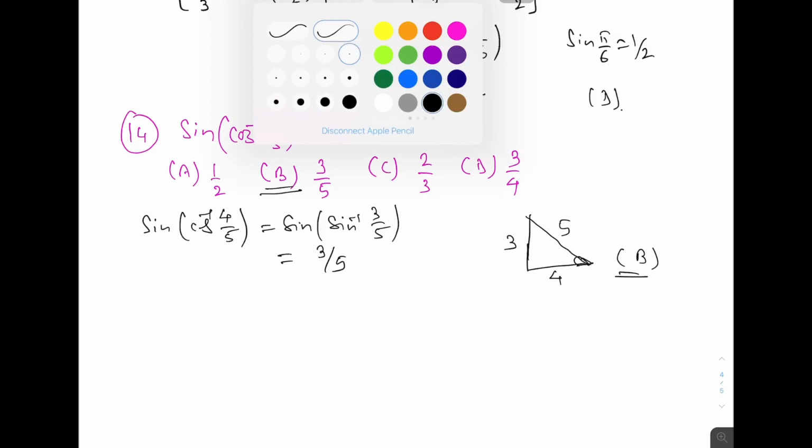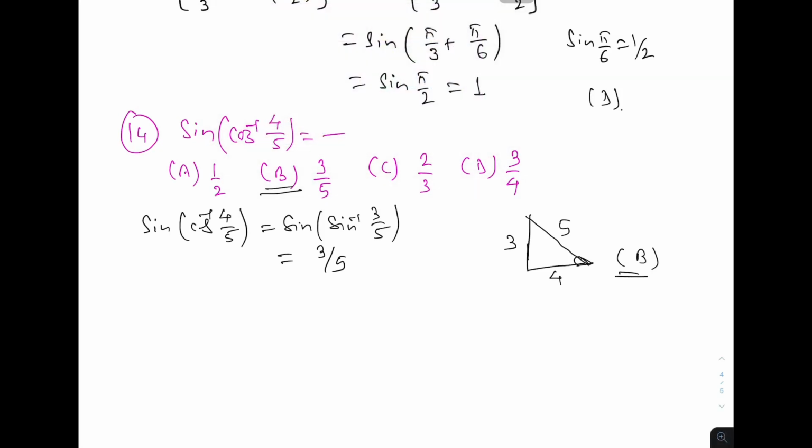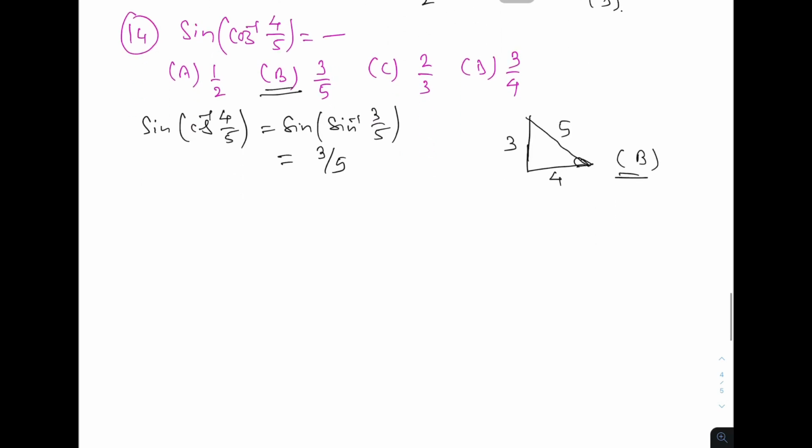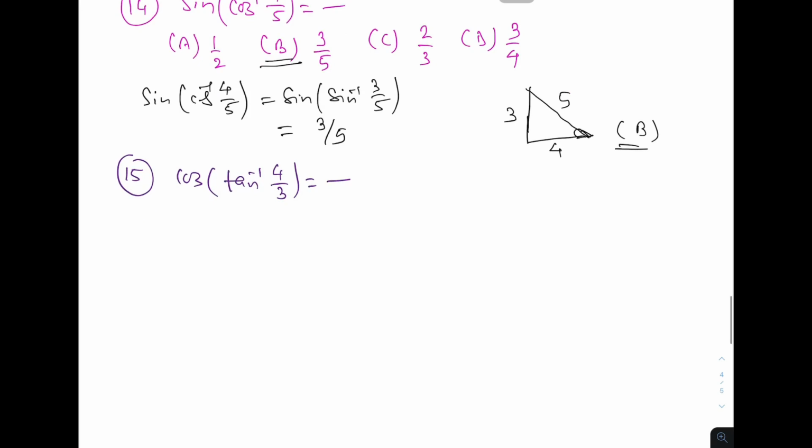Okay. Next, cosine of tan inverse 4 by 3 is blank. Options are 2 by 3, 1 by 2, 3 by 4, 3 by 5.